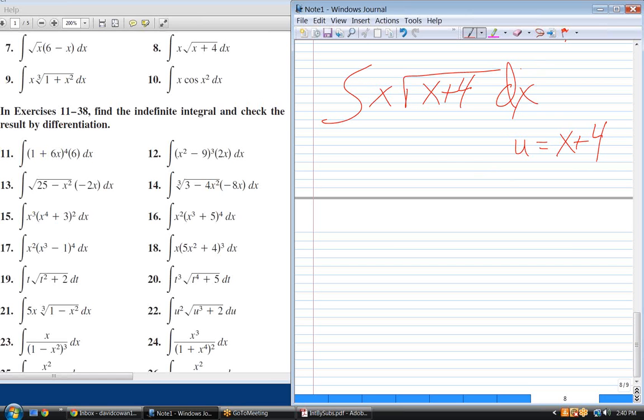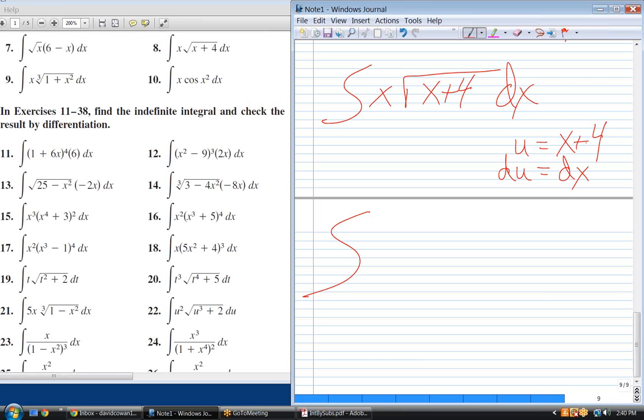Well, I'm still going to need to substitute. In other words, I'm still going to turn it into an integral of u. It's just that it's going to be a little different. It's not quite recognizable as a composite times the derivative of the inside. So du is equal to dx. See that? Okay, so now let's see if we can write it as an integral completely in u.